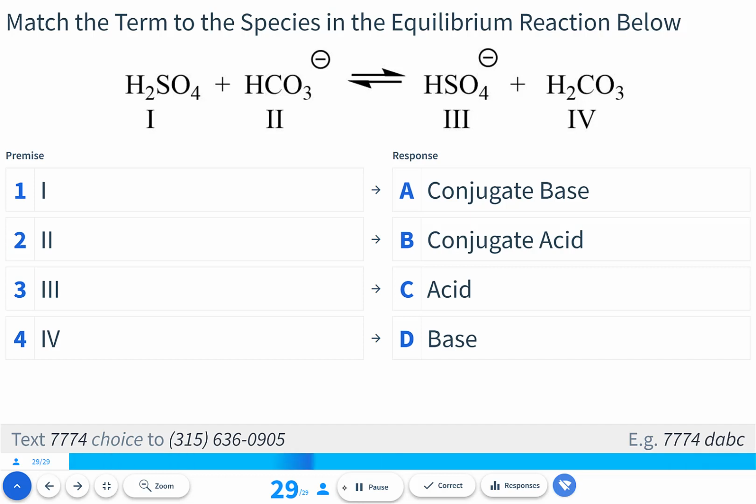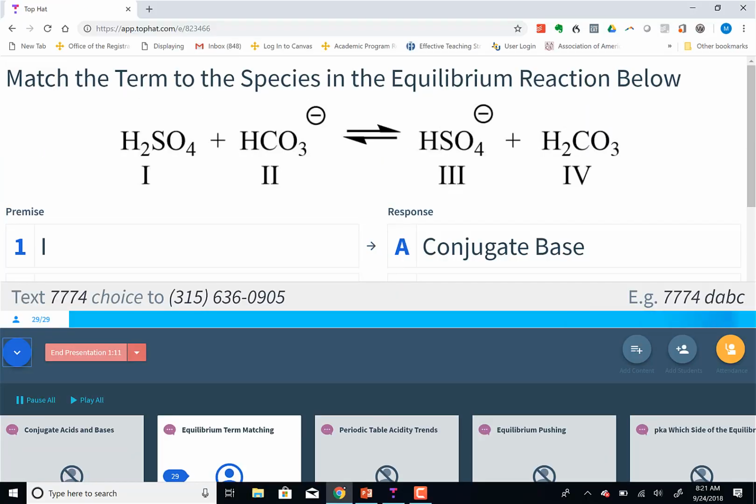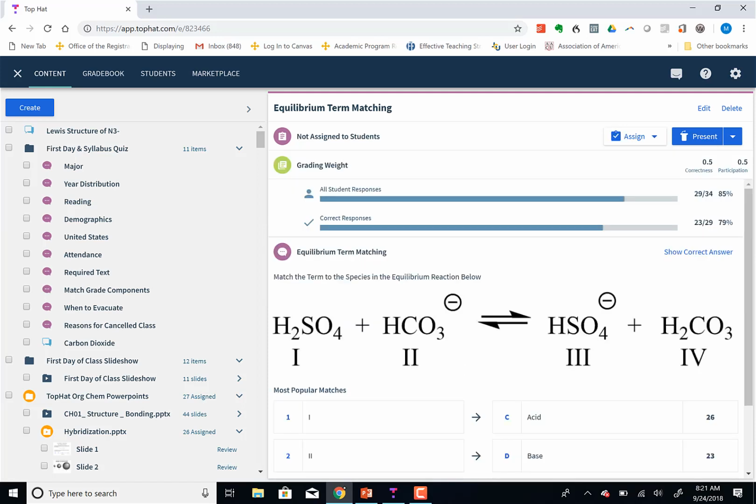Okay. Now, what's the first thing we have to do for this reaction? Figure out which one's the acid and which one's the base.